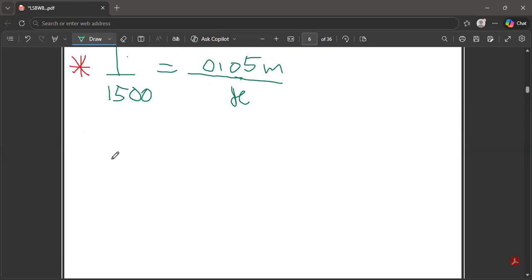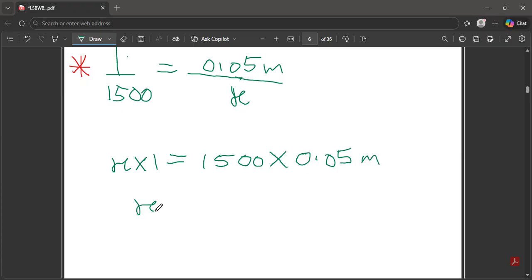I mean that x multiplied by 1 is equal to 1,500 times 0.05.